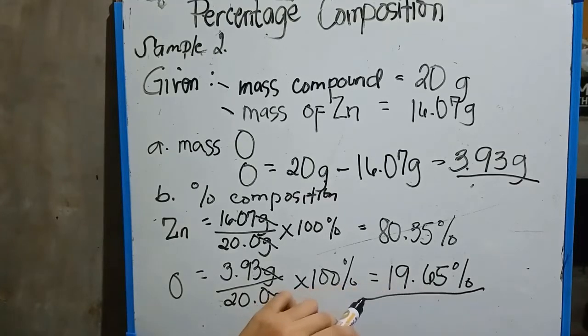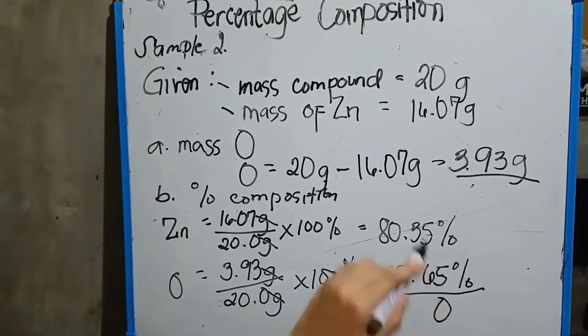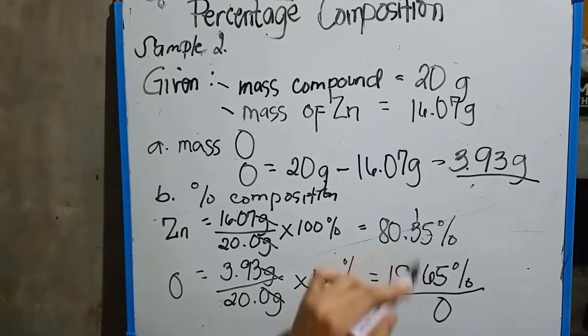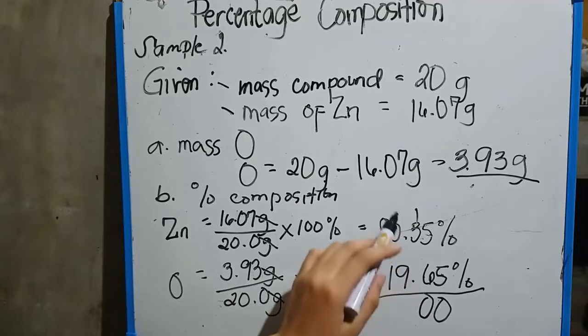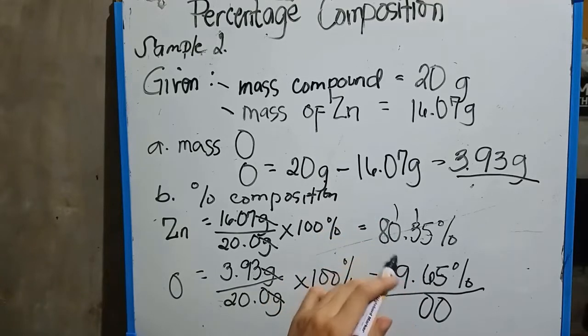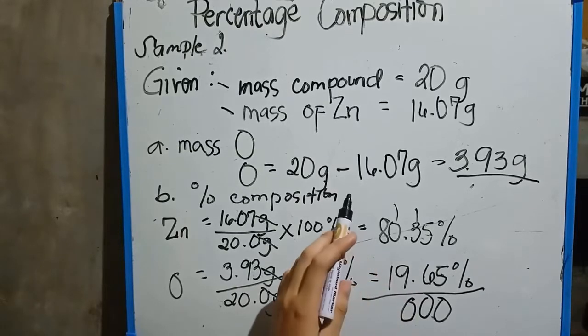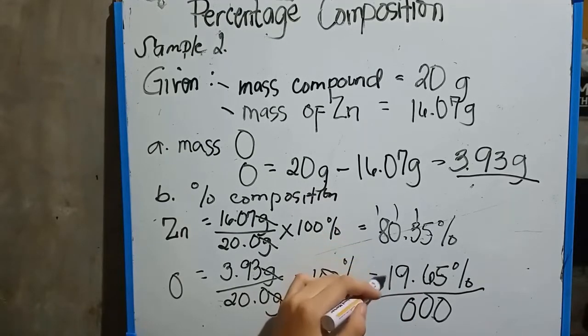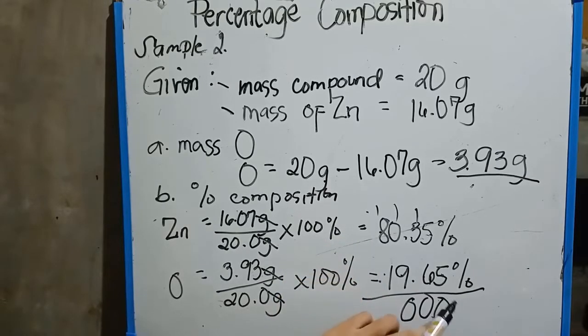We need to add 80.35 plus 19.65, which is 100%.